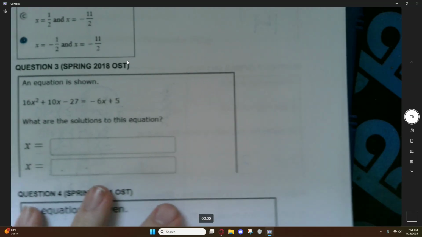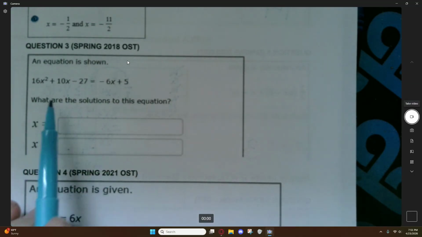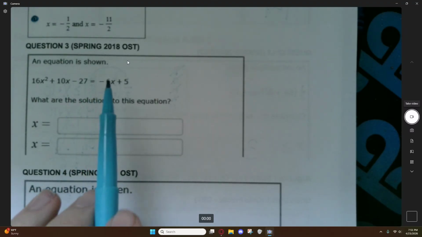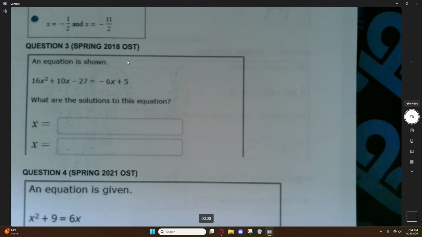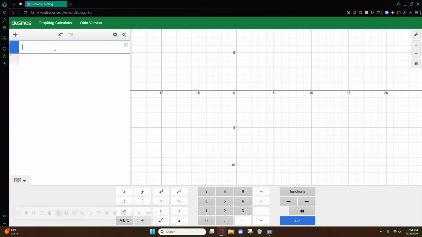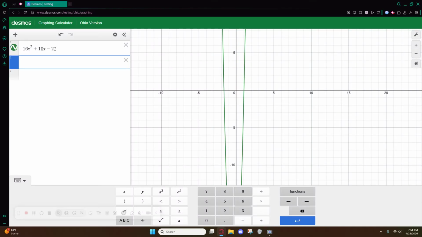Question 3. An equation is shown: 16x squared plus 10x minus 27 equals negative 6x plus 5. What are the solutions? Guess what? We're doing it the same way. 16x squared plus 10x minus 27 equals, new line, negative 6x plus 5.